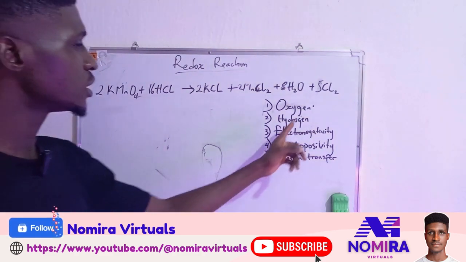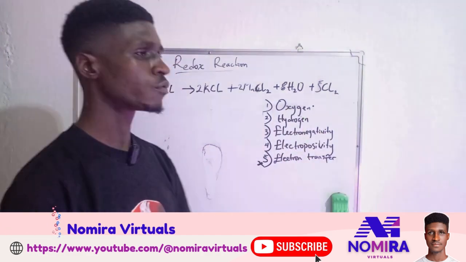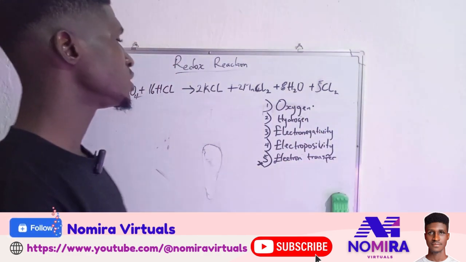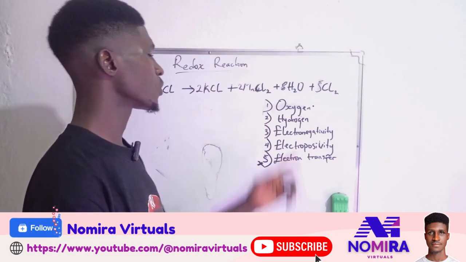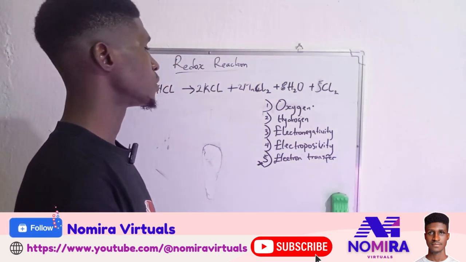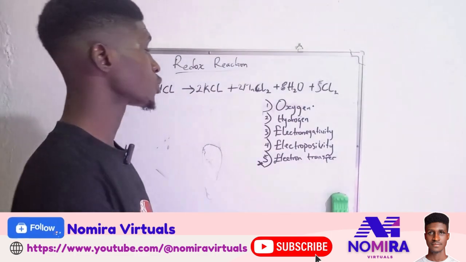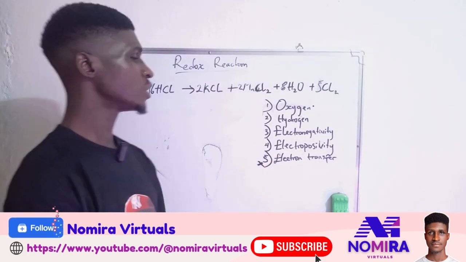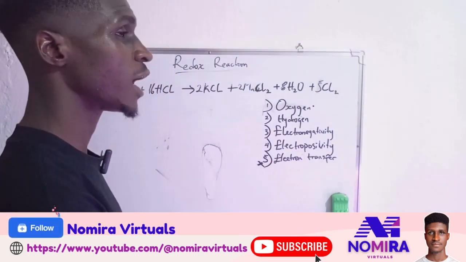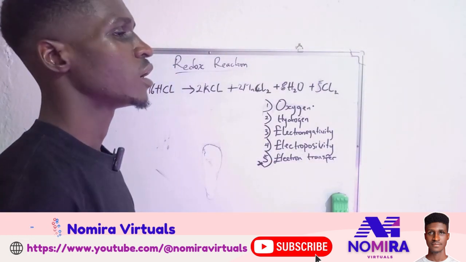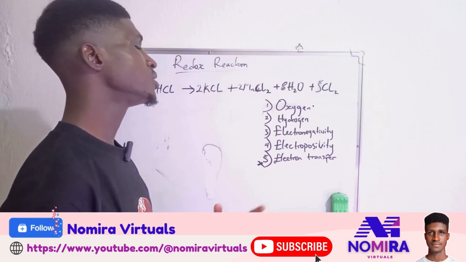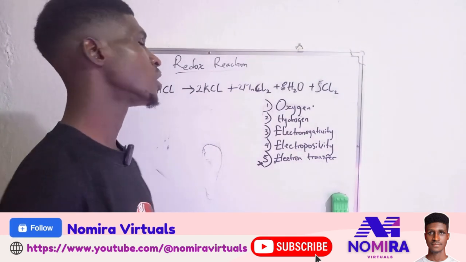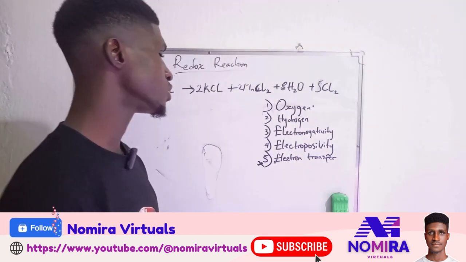We are going to be looking at references in terms of oxygen, in which case oxidation means addition of oxygen, and reduction will be removal of oxygen. Then the second reference is in terms of hydrogen. Oxidation will mean the removal of hydrogen, while reduction will now mean the addition of hydrogen.